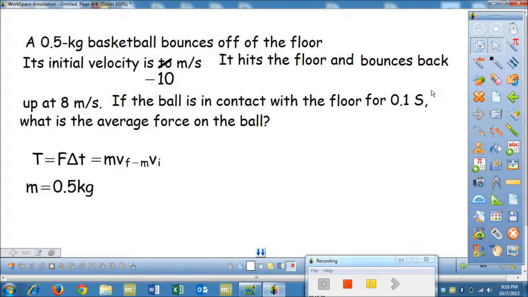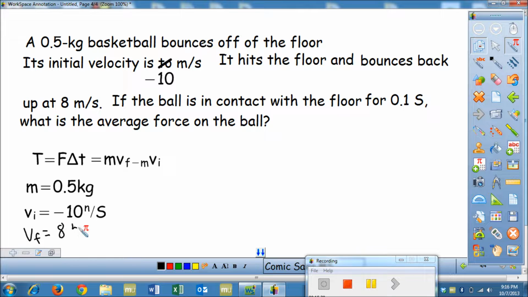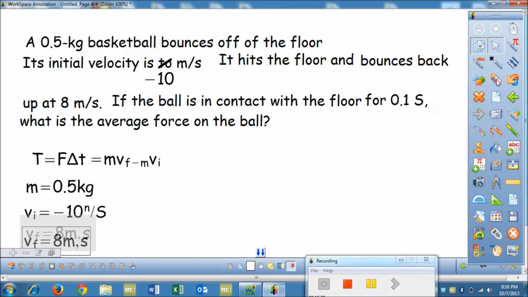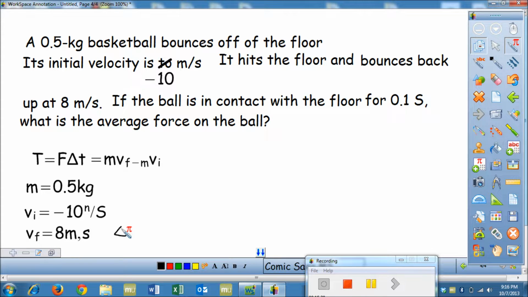V initial is negative 10 meters per second. V final is 8 meters per second. And finally, we know that delta T is 0.1 seconds.